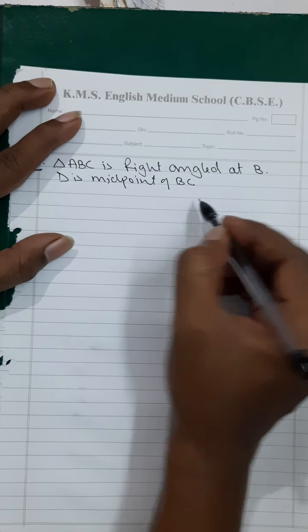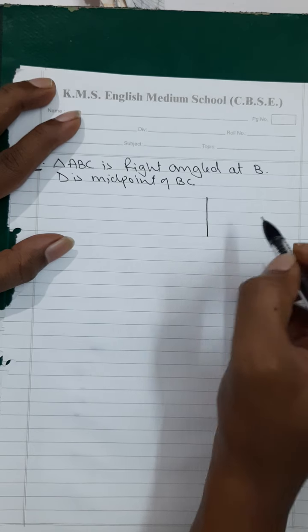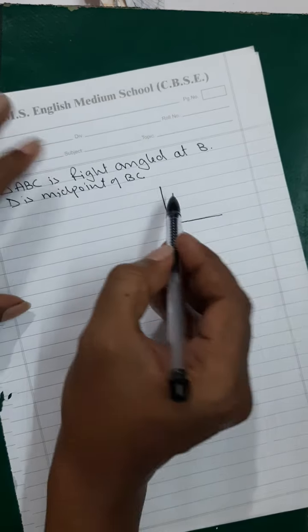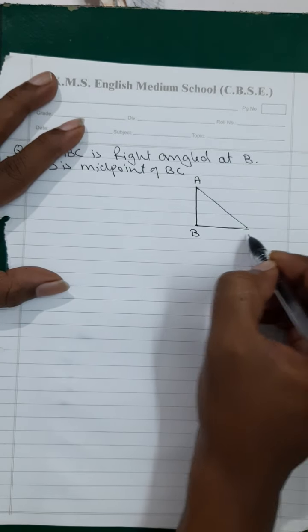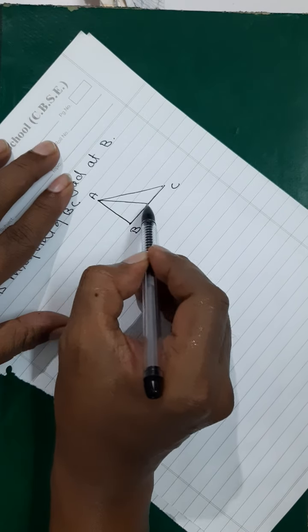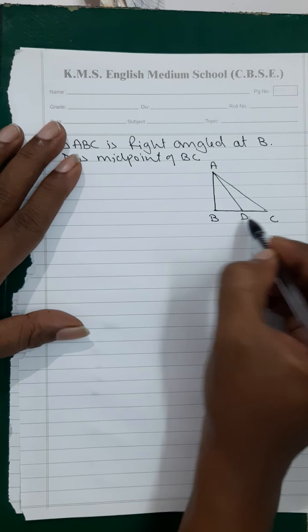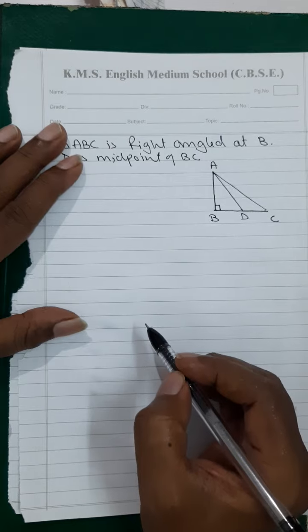And then this will be the right angled triangle where this is A, B, C, D is the midpoint over here. So this becomes your D. This is your 90 degree, fine.